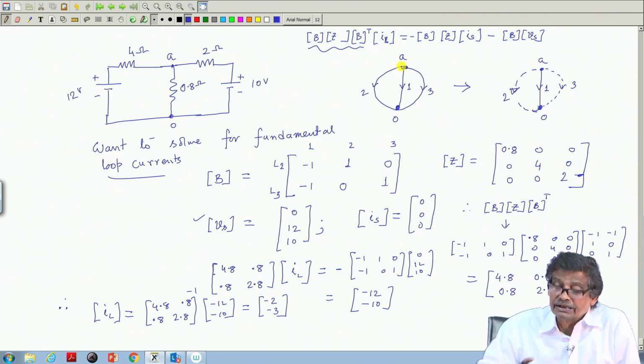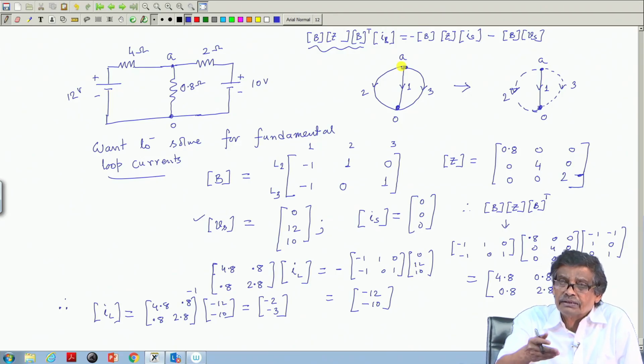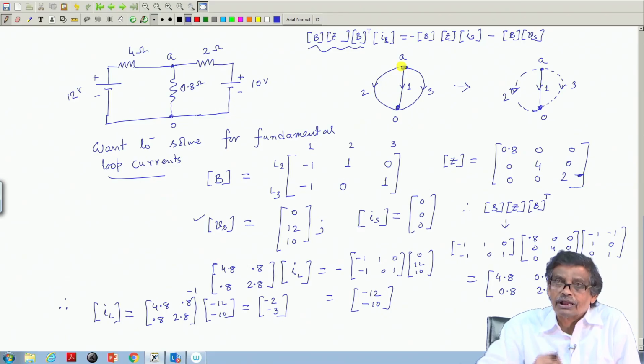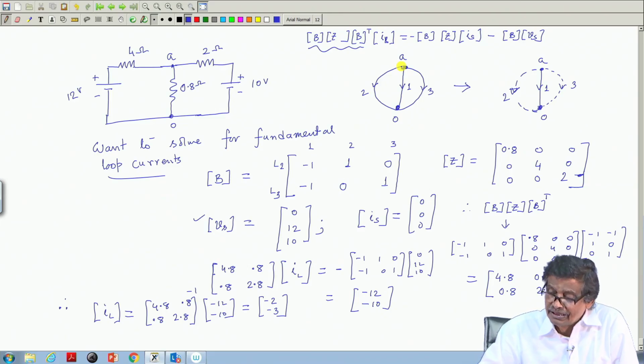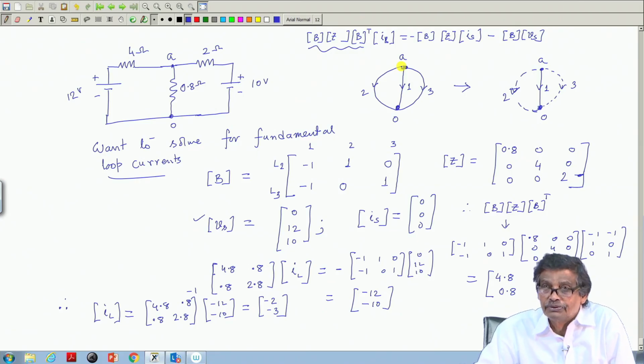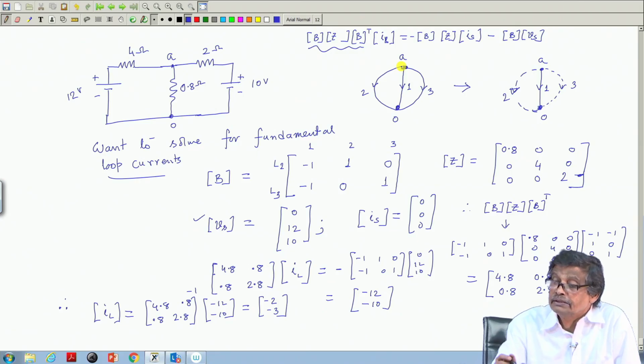Now, one may wonder, it is such a simple circuit, should I do cut-set? Not necessary. By some other simple traditional nodal method or any other mesh analysis, you can easily solve this. But here it is to highlight what exactly you have to do, for a complicated network.